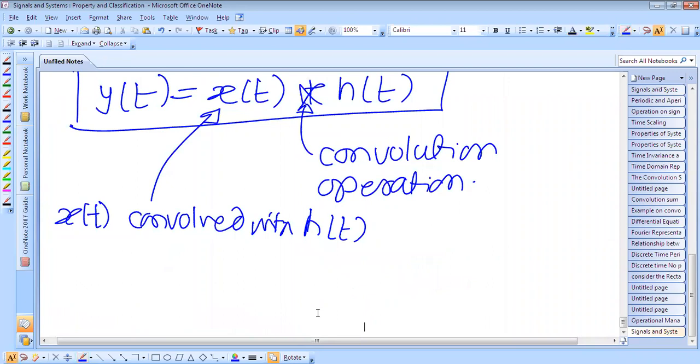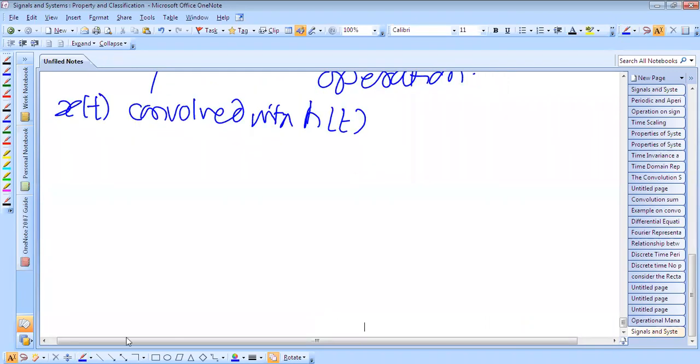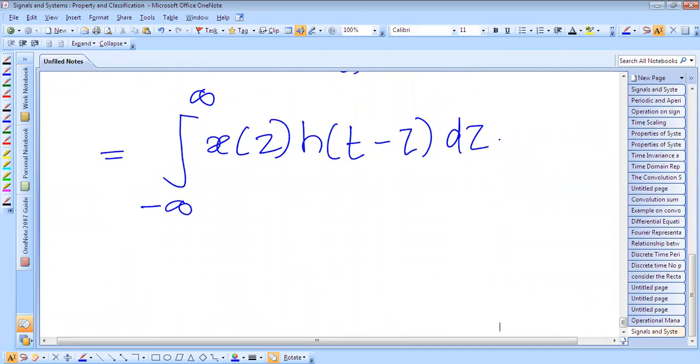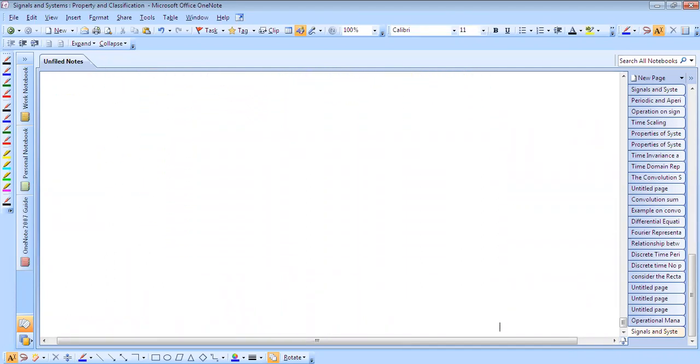Therefore we can write integration over minus infinity to infinity x of tau h of t minus tau d tau. Next is the property of the convolution integral.